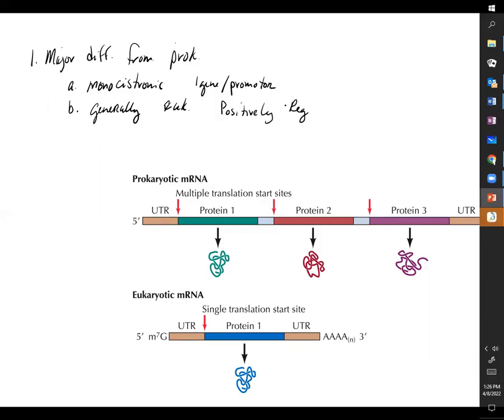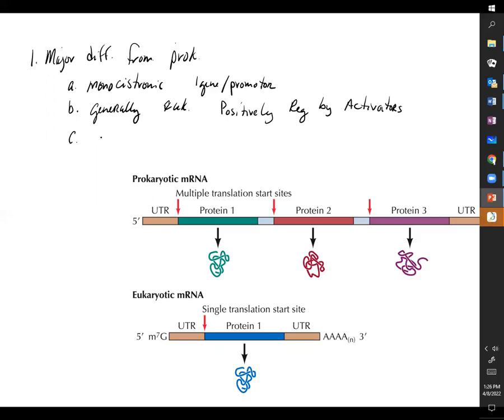And remember that the proteins that mediate positive regulation are generically referred to as activator proteins. And prokaryotic systems tend to be negatively regulated with repressor systems.